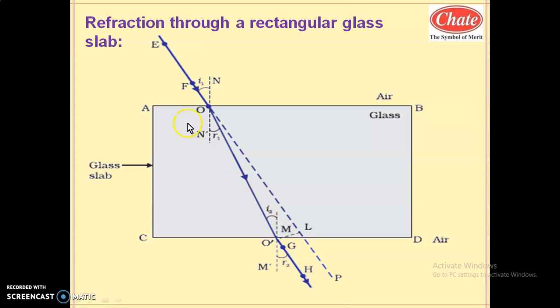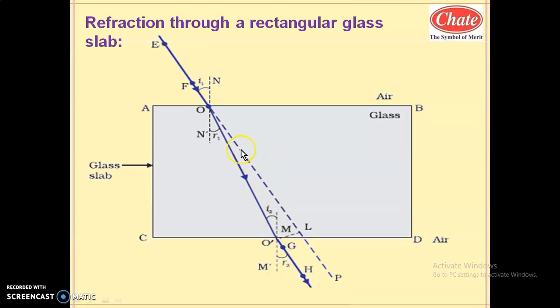Draw normals at O and O dash. Normals are drawn by dotted lines. Mark the first normal as N dash, with the angle of incidence and angle of refraction as I1 and R1. Similarly, draw the normal at O dash and mark the angle of incidence and angle of refraction as I2 and R2.